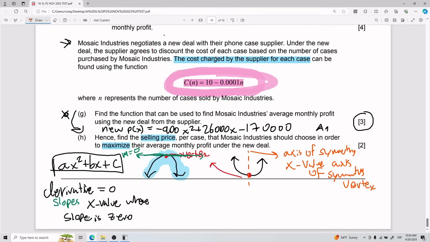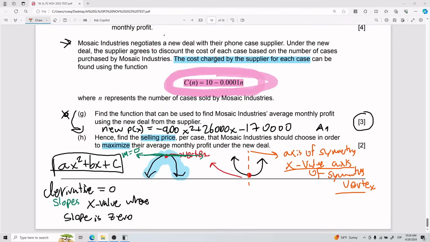So that's 2 ways to do it. You either use the axis of symmetry, which gives you the x value of the vertex, or you use the derivative, which also gives you the x value of the vertex. It's 2 ways to do the same thing. I'm first going to show the axis of symmetry, just because I think it's a little more friendly, but I will show both. So stick around if you want to see both ways.